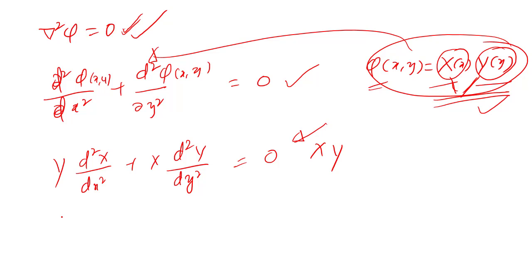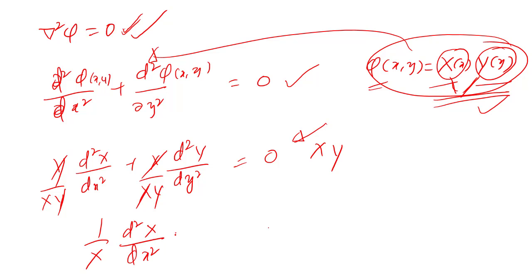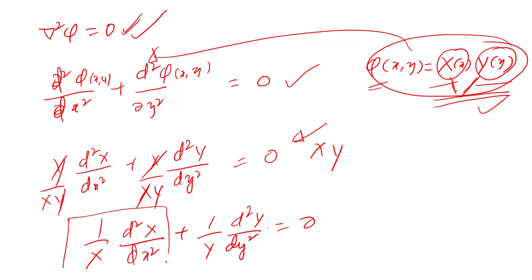This side remains 0, and the Y's cancel out here, the X's cancel out, and what we get is 1 by X d square X by dx squared plus 1 by Y d square Y by dy squared is equal to 0. Now if you notice, this term is only dependent on x and this term is only dependent on y. So if a term that's only dependent on x, when you add it to a term that's only dependent on y, you can get 0 only if they both are constants.